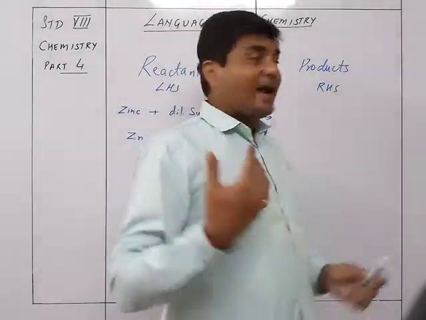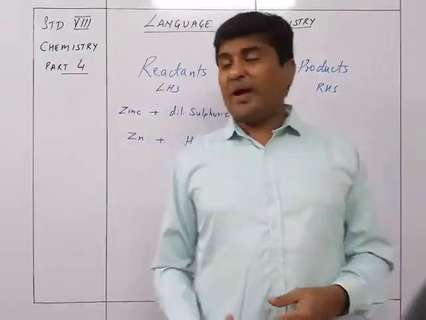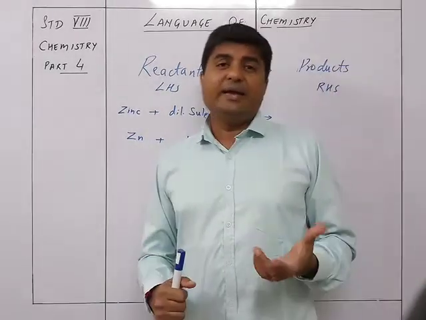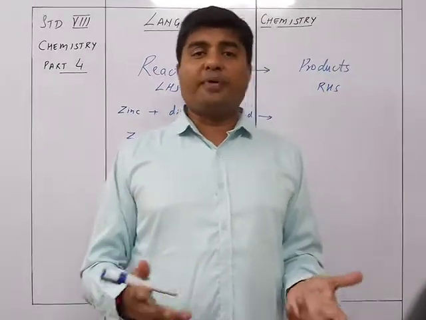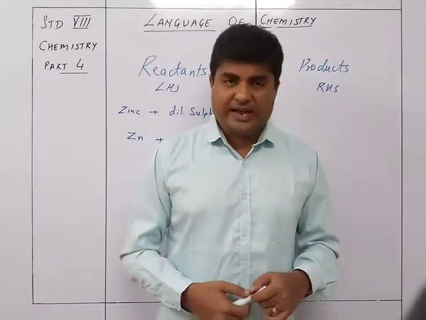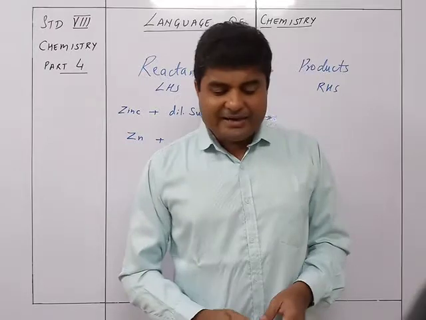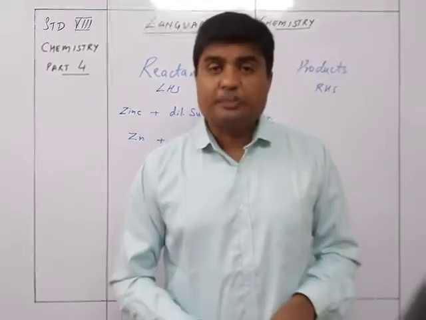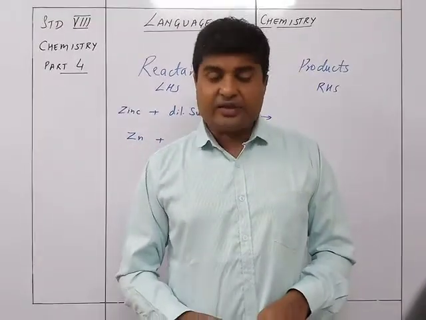So this is zinc and this is sulfuric acid which is going to react. On the right hand side, what we have are the products. When these two react, there is going to be formation of a new compound by a chemical change. On the right hand side, write the products, that is substances formed as a result of the reaction.